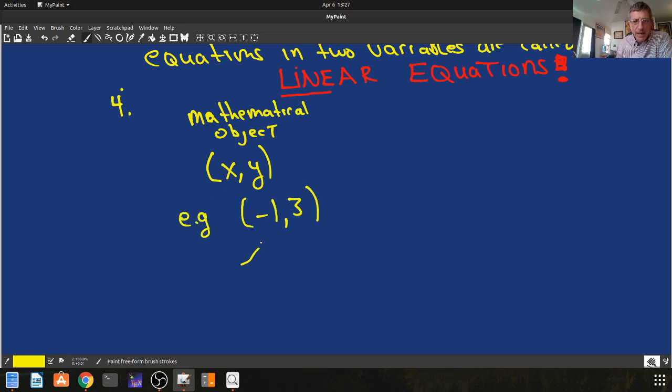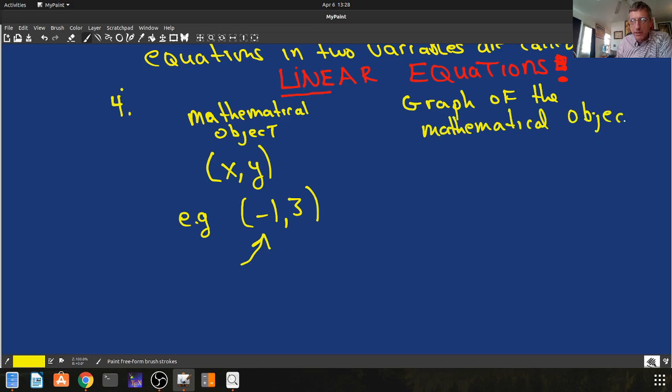So this is the mathematical object. Then we have the graph of the mathematical object. And the graph is visual. And that's what makes it so important, is we can visualize mathematics with our eyes rather than with just the organ of our intellect or brain. So the graph of the mathematical object in this case is a point.